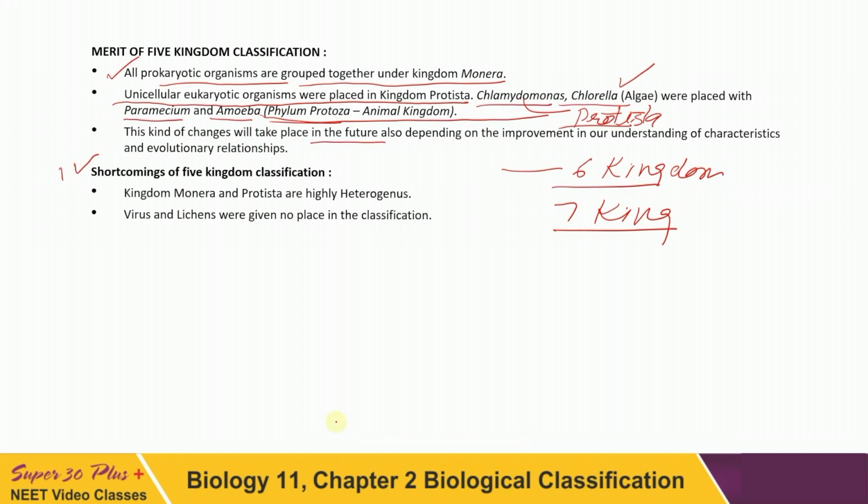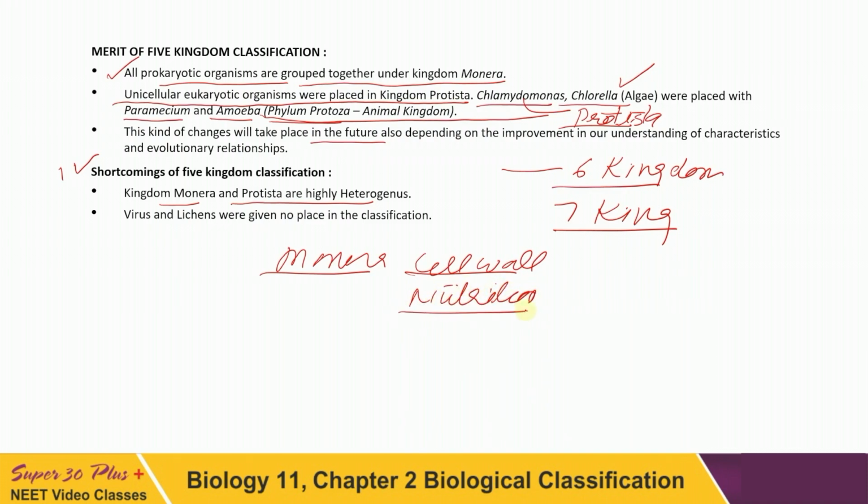One of the shortcomings is, if you see kingdom Monera and kingdom Protista, these are highly heterogeneous. What we mean is, in kingdom Monera, children, if you see the cell wall and nutrition, different types of organisms in reference to cell wall and nutrition have been grouped in one. It should not be. The same thing is with Protista.